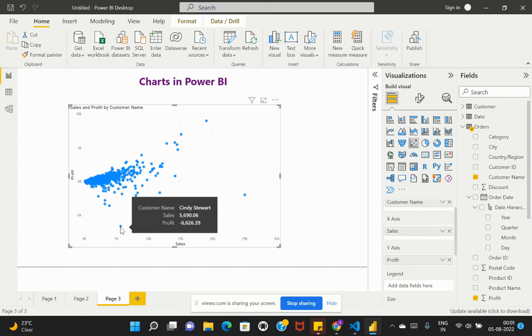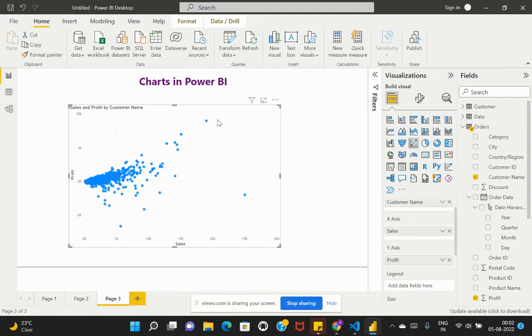So which means that we can do an additional analysis on top of this chart to understand why there had been a tremendous loss, though the sales had progressed quite good, right? So the sales is like 5,690, however the profit or the loss is like 6k, right? So we can try to dig through this particular data or the outlier of this particular data to see why it has incurred a huge amount of loss for this particular customer.